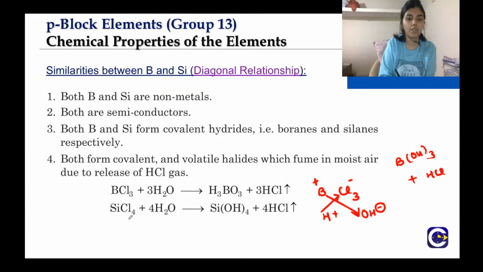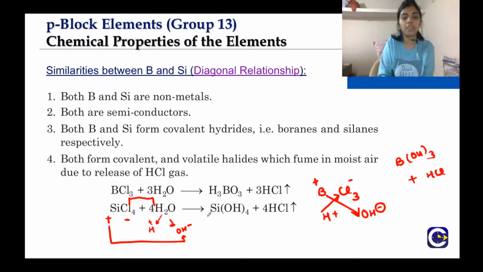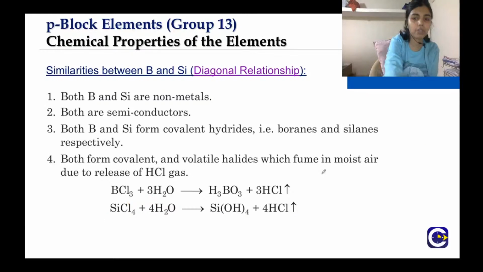Similarly, here also, because chlorine is more electronegative than silicon, give chlorine a negative charge, give silicon a positive charge, give hydrogen a positive charge, and give OH minus a negative charge, and then combine positive with negative. That means combine silicon and OH and combine H and Cl. So it will give you Si(OH)4 plus HCl. This is a general trick to remember these equations. Okay.